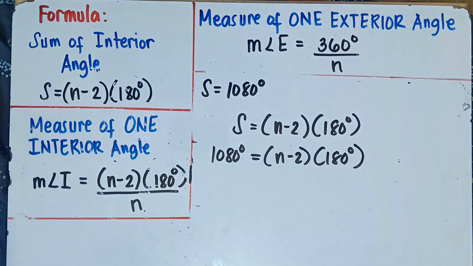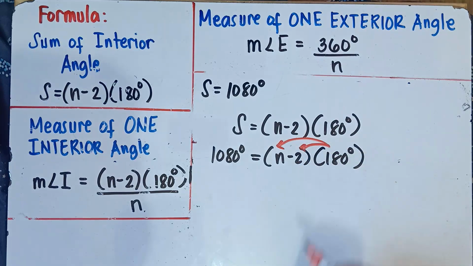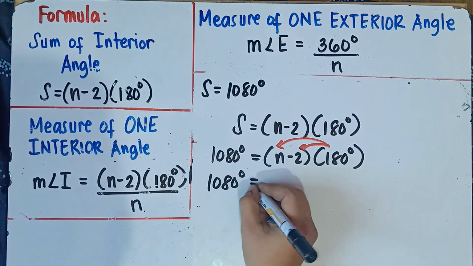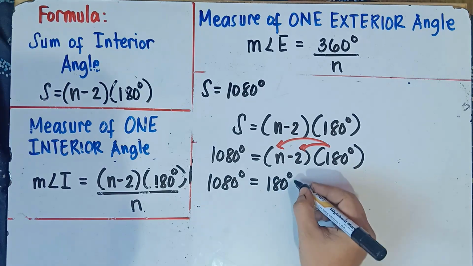Copy this one. Therefore, class, we need to distribute this one. You need to multiply this one, class, and then this one. Distributive property. So copy 1080 degrees. 180 times n, that would be 180 degrees n.